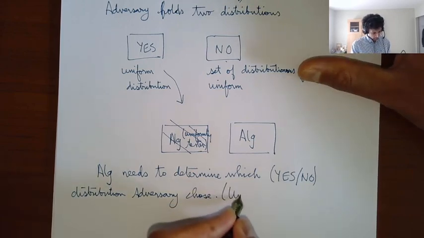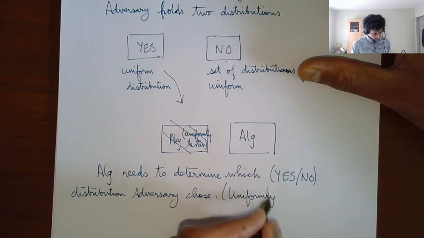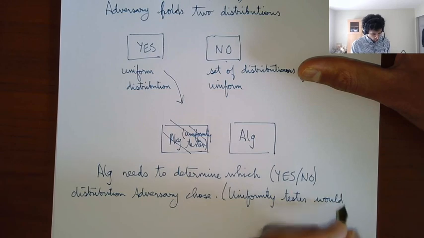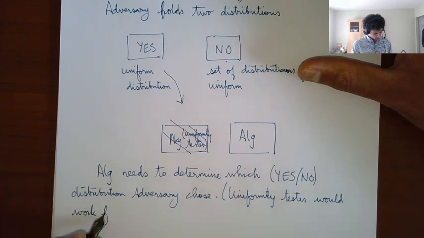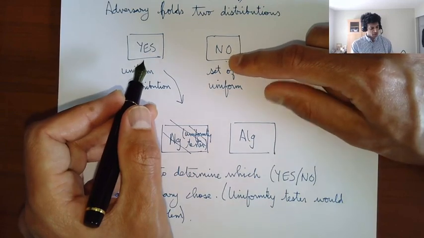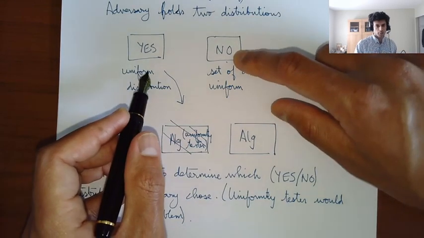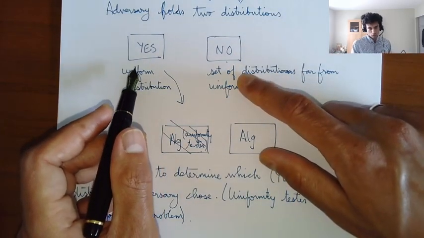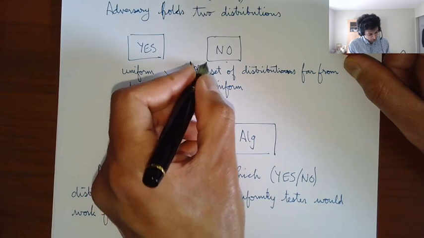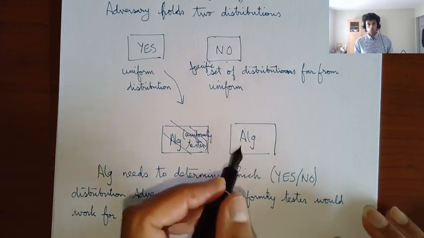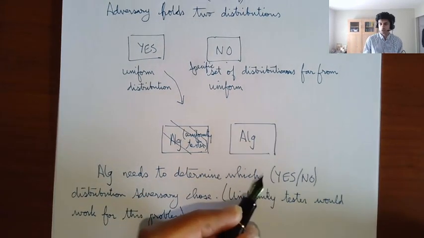And clearly a uniformity tester would work for this problem, because a uniformity tester can distinguish between these. But we're just going to have a setup where the algorithm simply needs to determine whether it comes from the uniform or this specific set. It's not all distributions, just some specific set. The algorithm could do much more than a uniformity tester; it could do whatever it wanted.